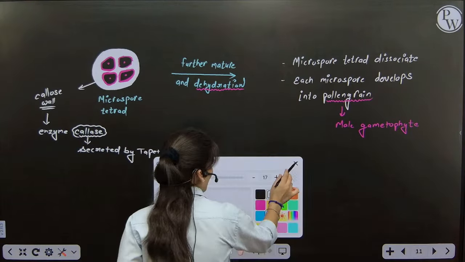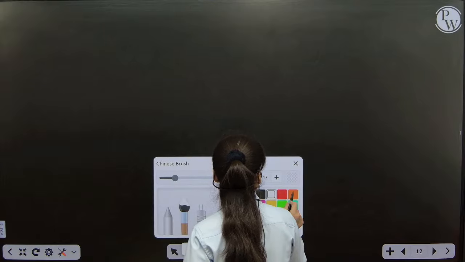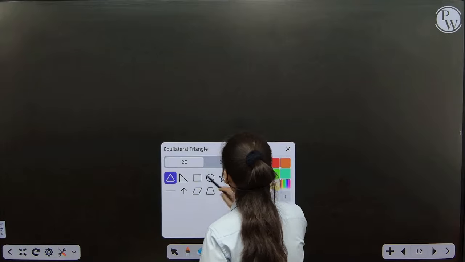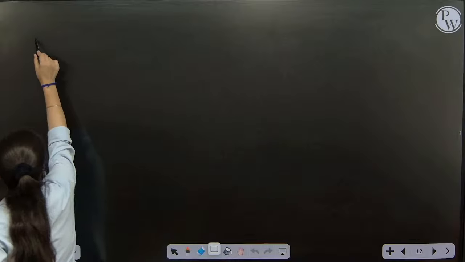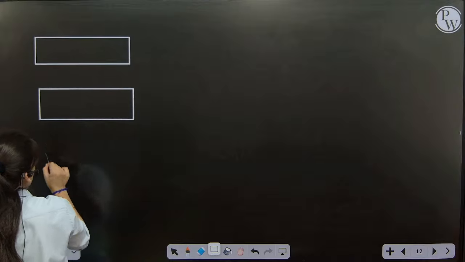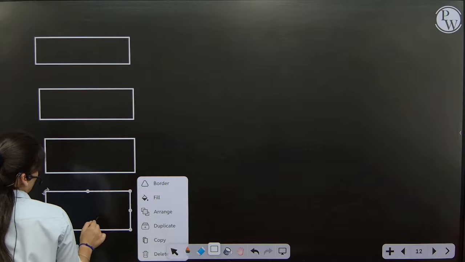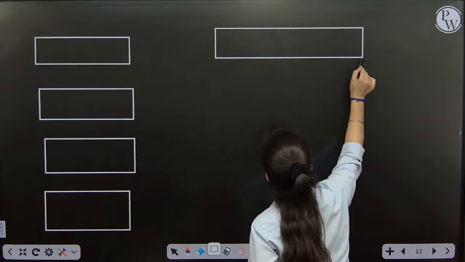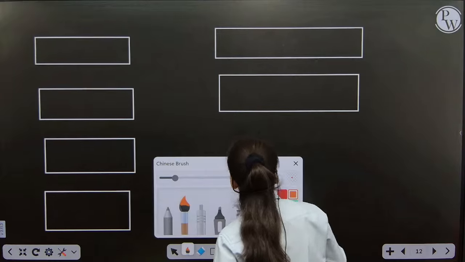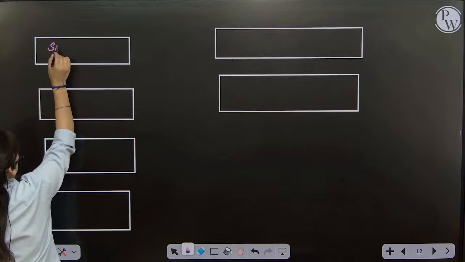Okay, so before starting with that, let's draw a flowchart of the event. Initially, what is there?